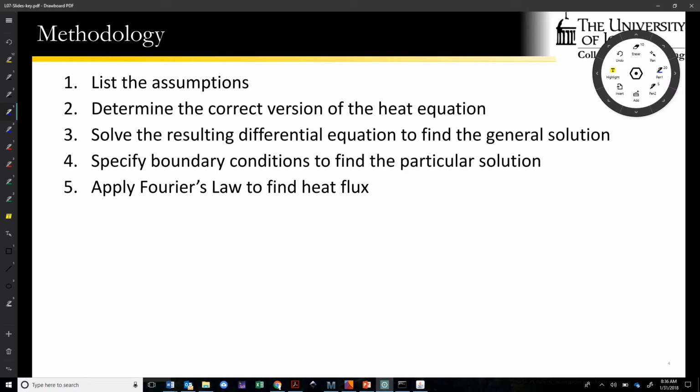List our assumptions, figure out which version of the heat equation we're looking at, okay, which terms do we cancel out, which do we retain, solve that resulting differential equation by whatever means we can, and then we'll have a general solution. Okay. From that general solution, we narrow it down using specific information about our boundary conditions. And then we can apply Fourier's law once we have our resulting particular solution to learn more about the heat flux and heat rates.